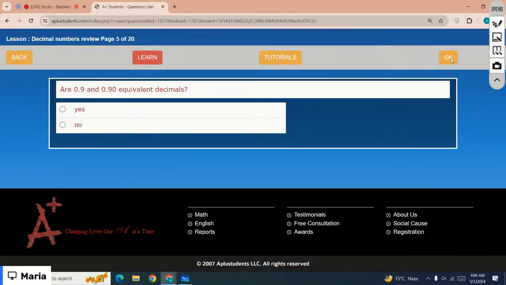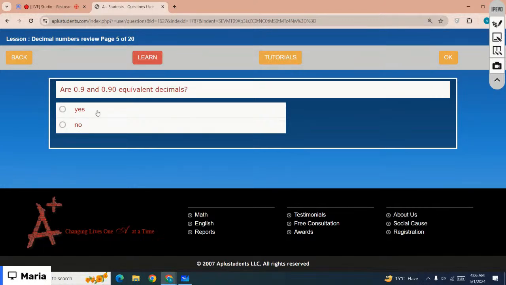Are 0.9 and 0.90 equivalent decimals? The correct option is yes, they are exactly equivalent.